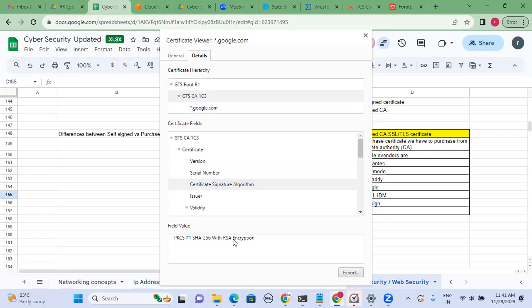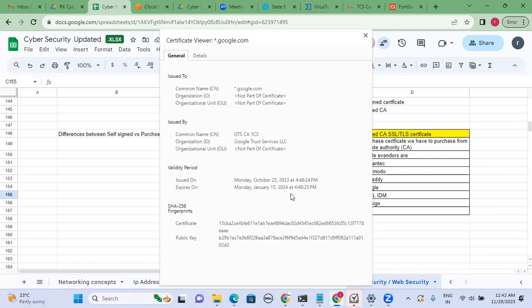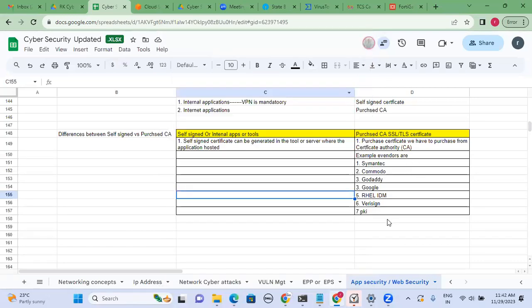What is our role after purchasing the certificate? What ciphers are we using, whether strong or weak? That validation and auditing has to be done by our side. Second, we have to verify one more thing from the security point of view: when the certificate is going to expire, that renewal part as well, because it's part of security. For example, if it is expiring on January 15th, 2024, prior to that we have to place an order with these vendors and purchase the certificate.